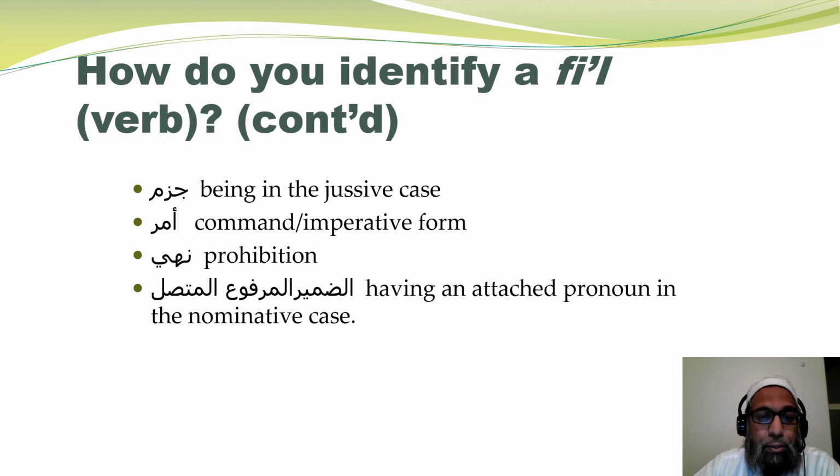So if there's a damir in the rafa' case that's attached to a word, then you know that that word is going to be a verb for sure. But again, don't worry about the terminology right now because you're only at the beginner's level. Once you move forward, then you'll understand what a damir al-marfu' al-muttasil is about.